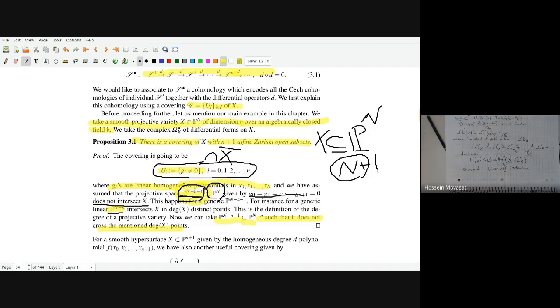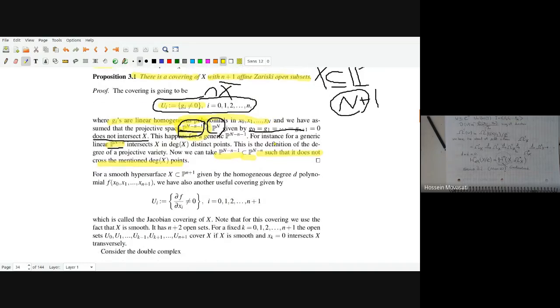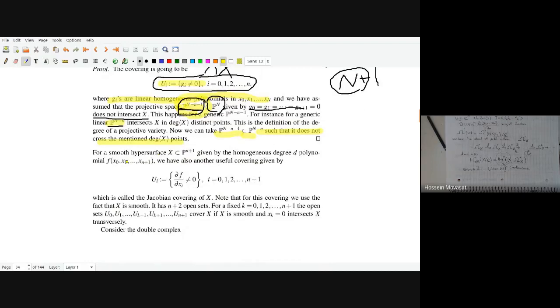Anyway, this is a very easy exercise in algebraic geometry. So for a projective variety, we can take n plus 1 open subsets. Another covering that we will need for our purpose is for a smooth hypersurface X of degree d. This is the Jacobian covering, by the Ui such that the derivatives of f are not 0. Since f is smooth, all these derivatives equal to 0 and f equal to 0 do not have common zeros.